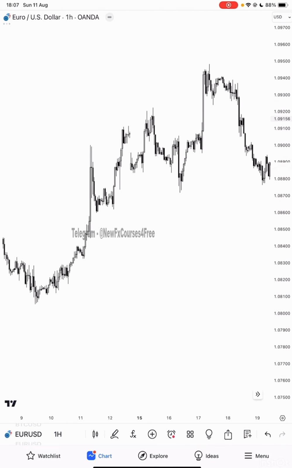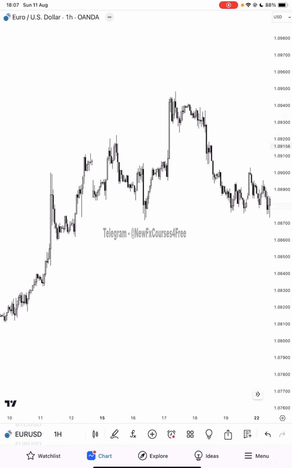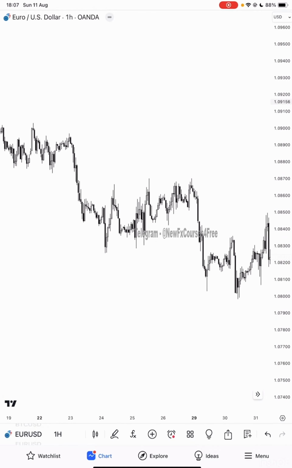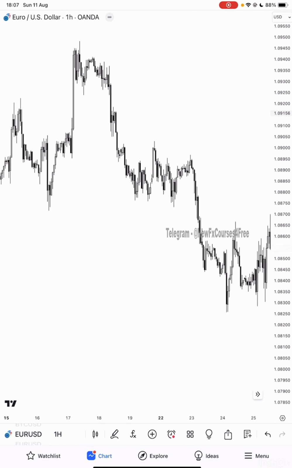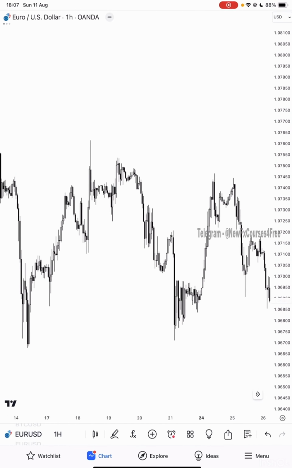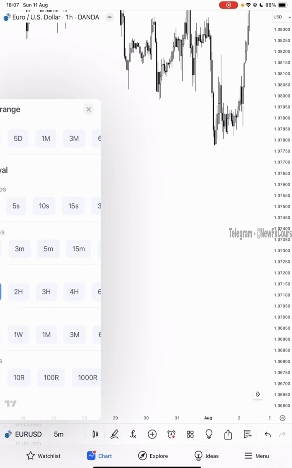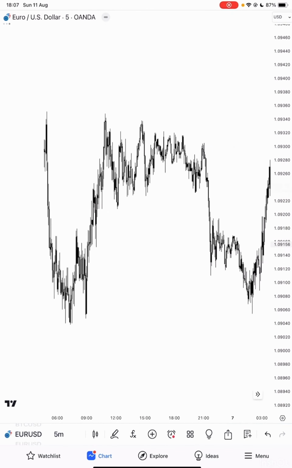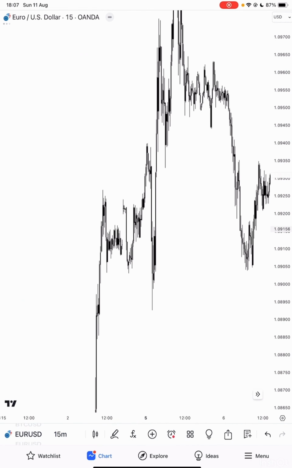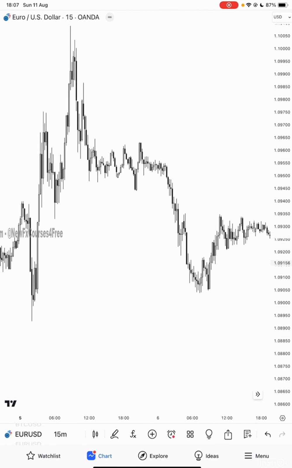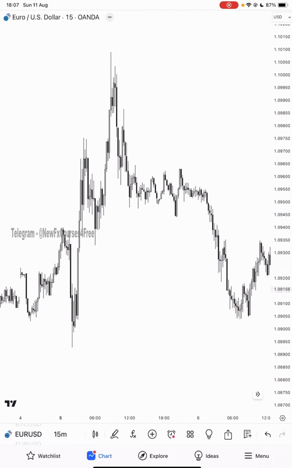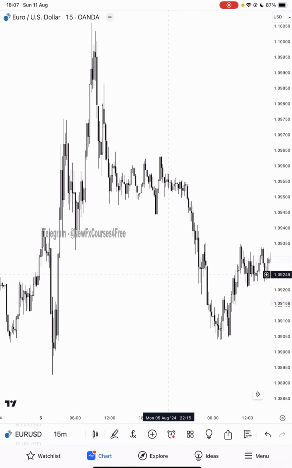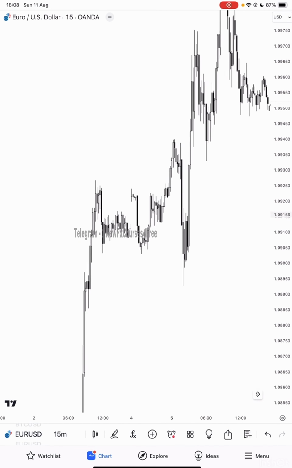So in this case, let's keep this as an example. No, not the trade I'm currently in, but something new on the lower time frame. So I'll go like 5 minutes. Okay.